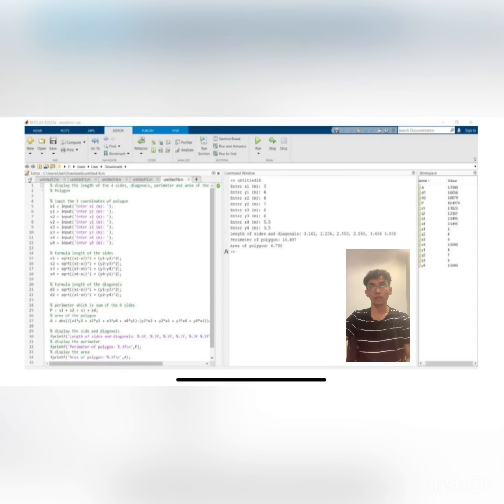First, I enter all the coordinates of the polygon, which is X1, Y1, X2, Y2 until X4 and Y4.